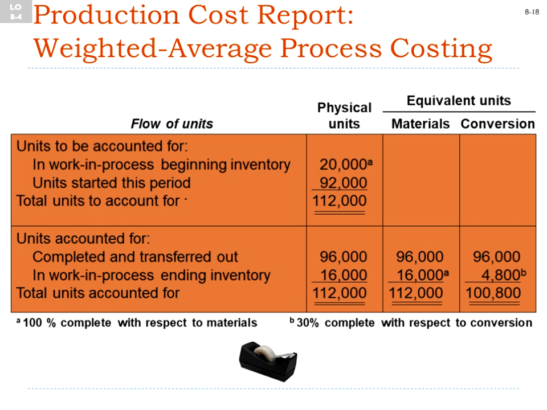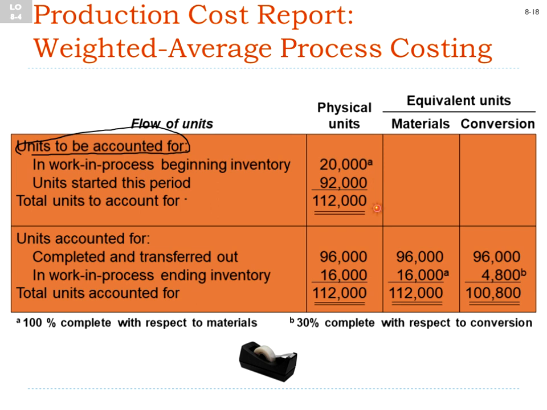So the first part of the production cost report shows units to be accounted for, and in this case there's 20,000 work in process beginning inventory, and then we started 92,000 more units.